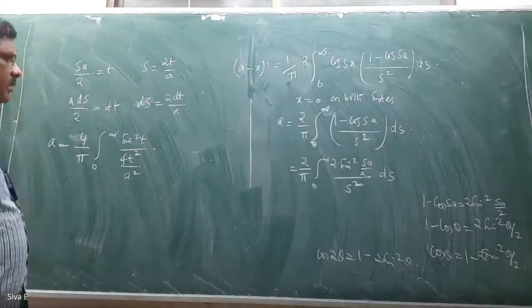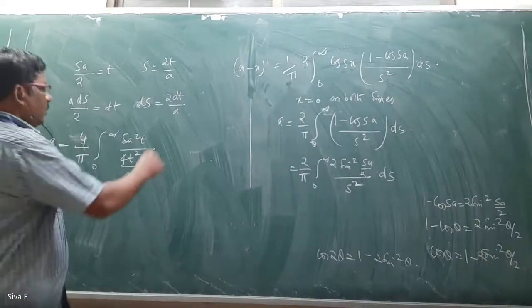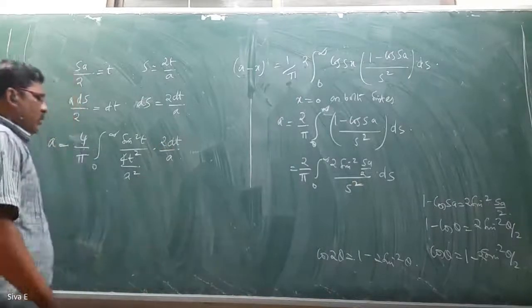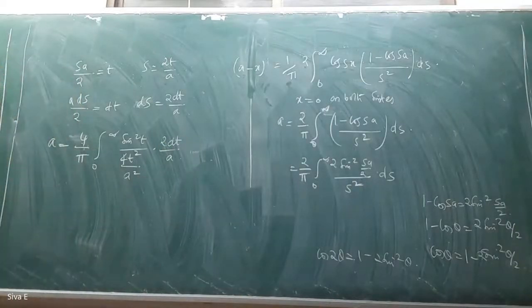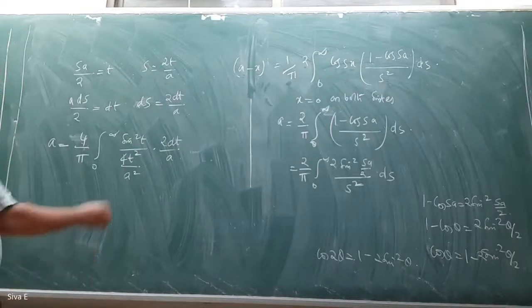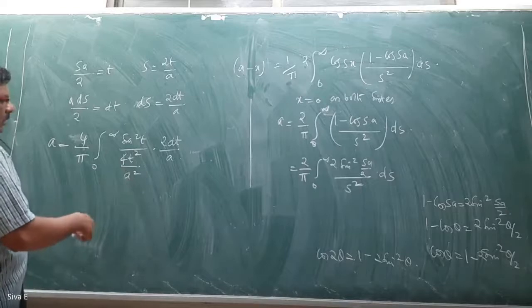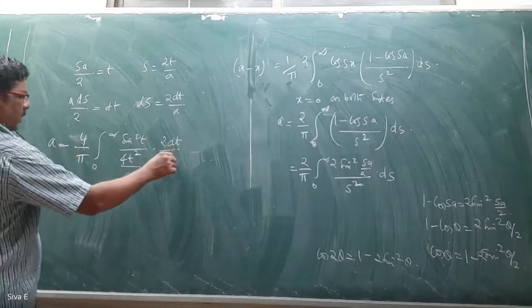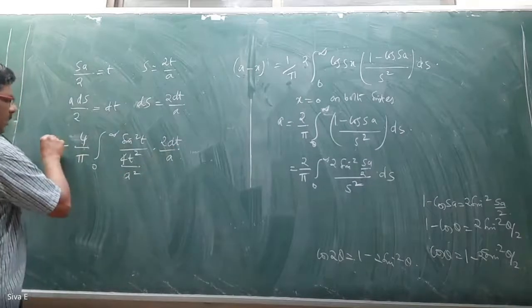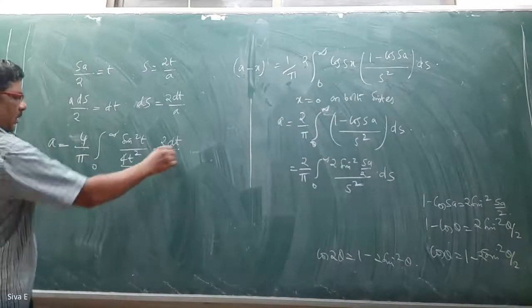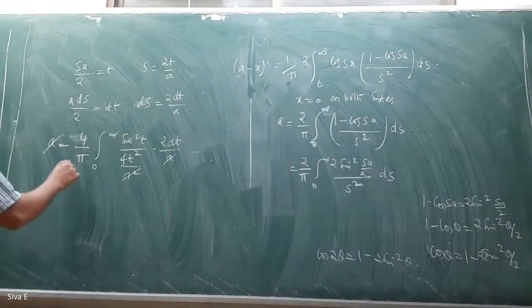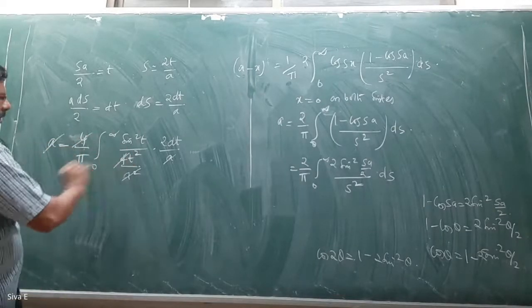And then ds is there, which is 2 dt by a. So take a square to the numerator, and this a gets cancelled. If you cross multiply here, a square will come, that a square will get cancelled, and then this 4 gets cancelled.